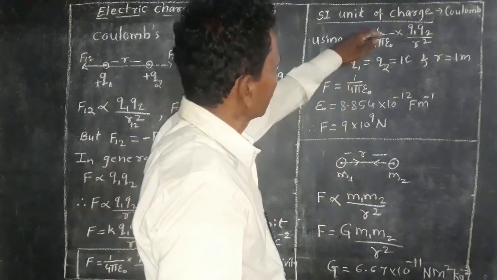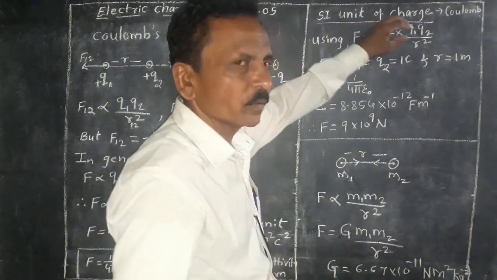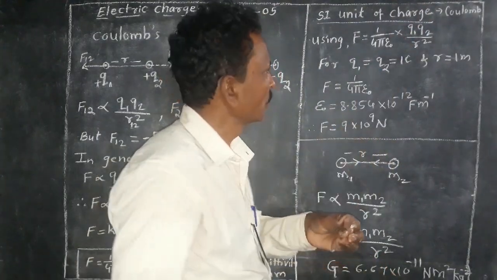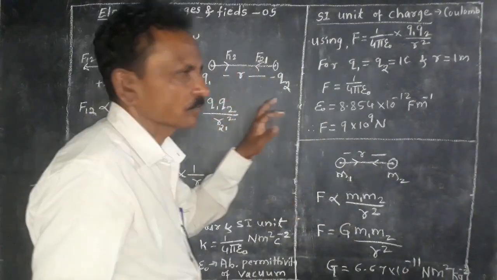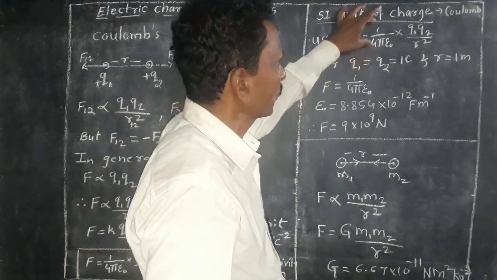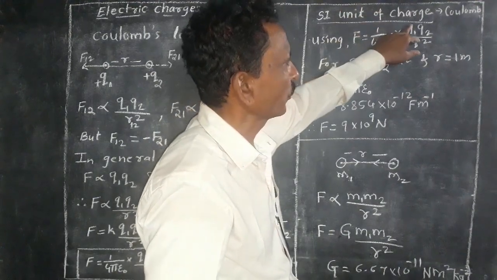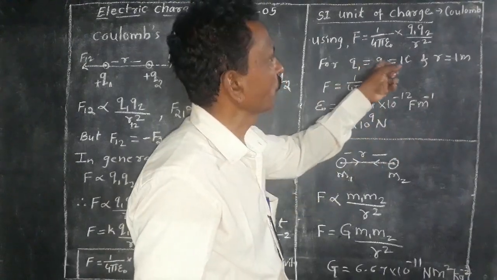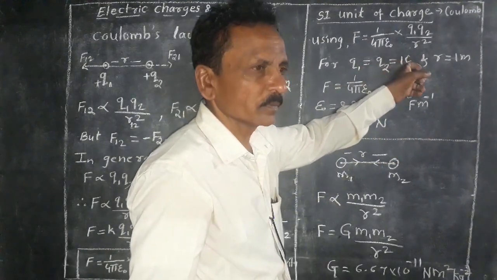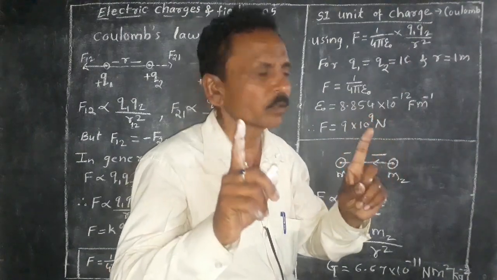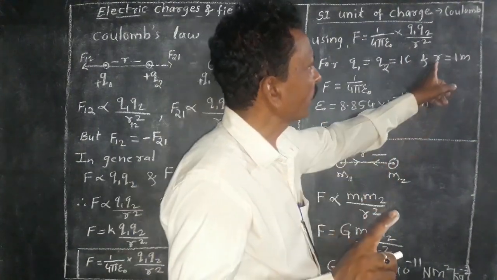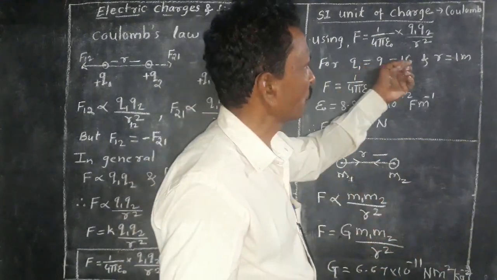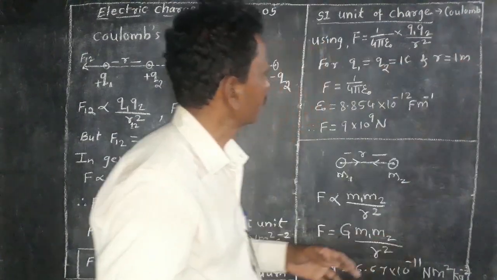Now, SI unit of charge. We know that the SI unit of charge is Coulomb. Then to define Coulomb, we use Coulomb's law. According to Coulomb's law, F equal to 1 upon 4 pi epsilon naught into Q1 Q2 upon R square. For Q1 equal to Q2 equal to 1 coulomb, if two identical charges of 1 coulomb are placed 1 meter apart in air medium, then Q1 Q2 equal to 1 coulomb and R equal to 1 meter.